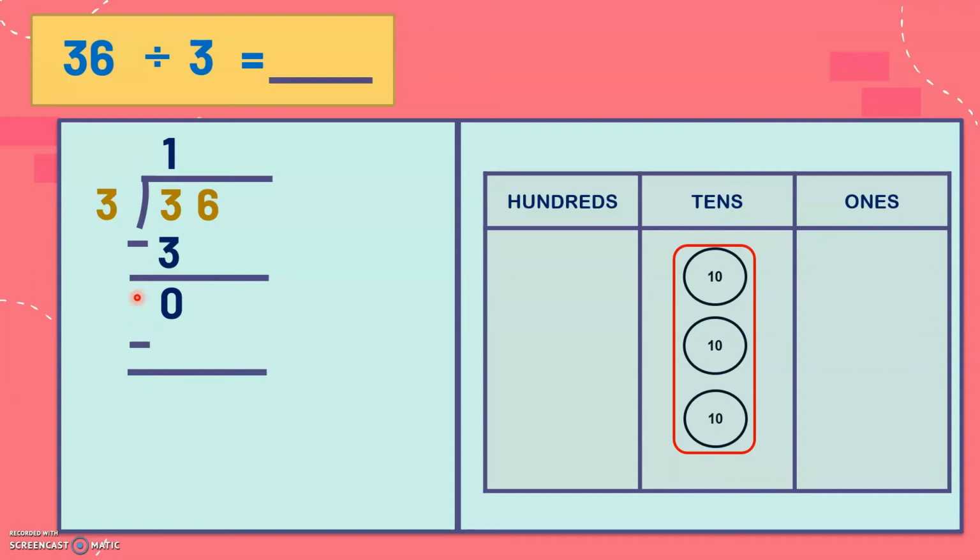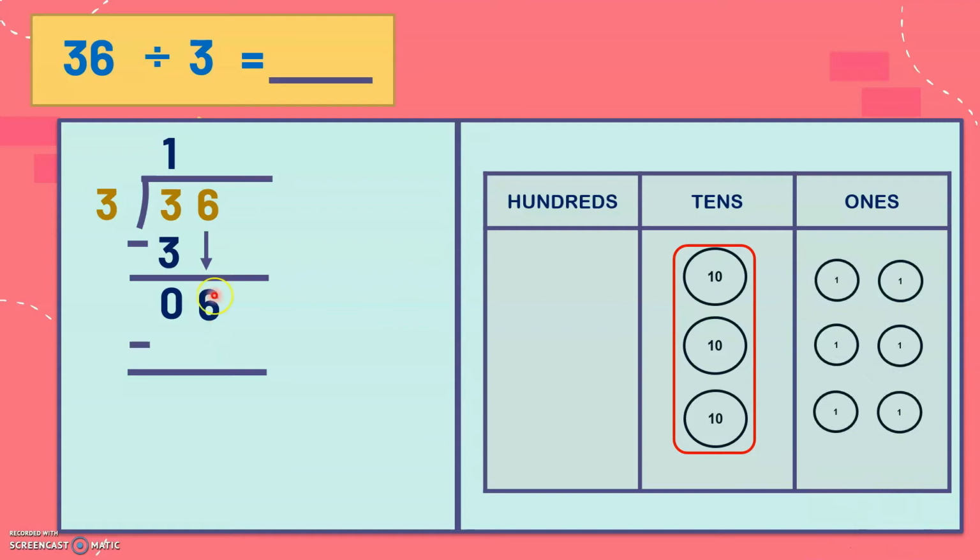And after that, bring down 6. So we have 6 ones, right? So we need to divide 6 by 3. So 6 divided by 3 is equal to 2. So we can have 2 groups of 3 to make it 6.